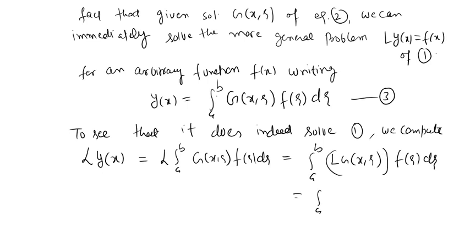So Lg solves 2, so this is just delta(x minus xi) f(xi) d xi. So this is just equal to f(x). And why is it f(x)?